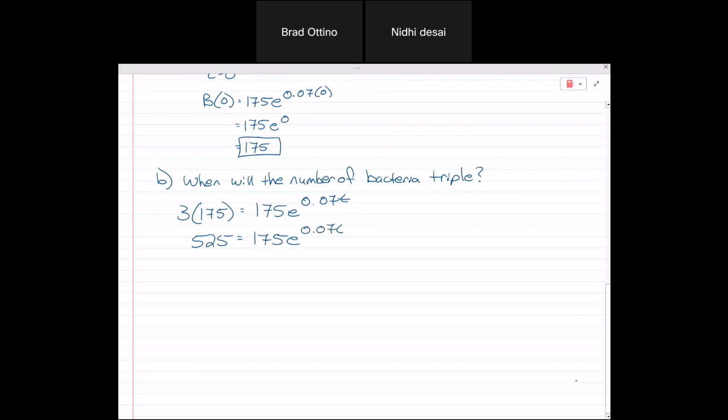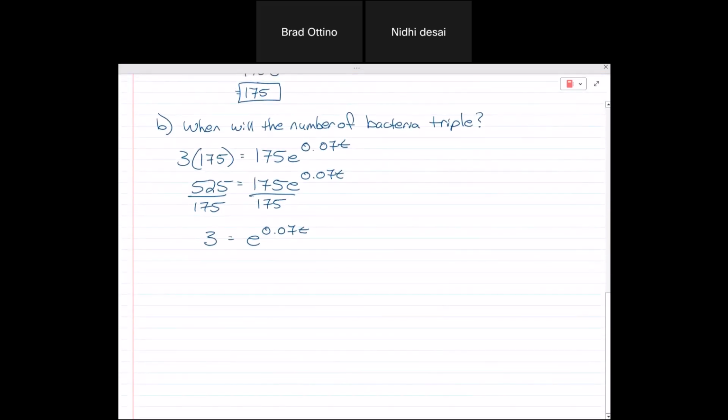Remember, we're going to solve this using natural log because there's e here. But to get to the e, we have to divide both sides by 175. And then to get rid of the e, we take the natural log of both sides.